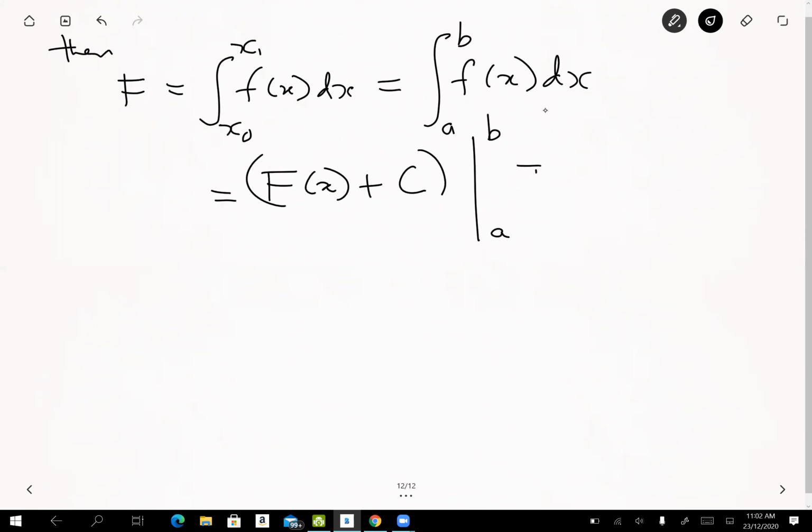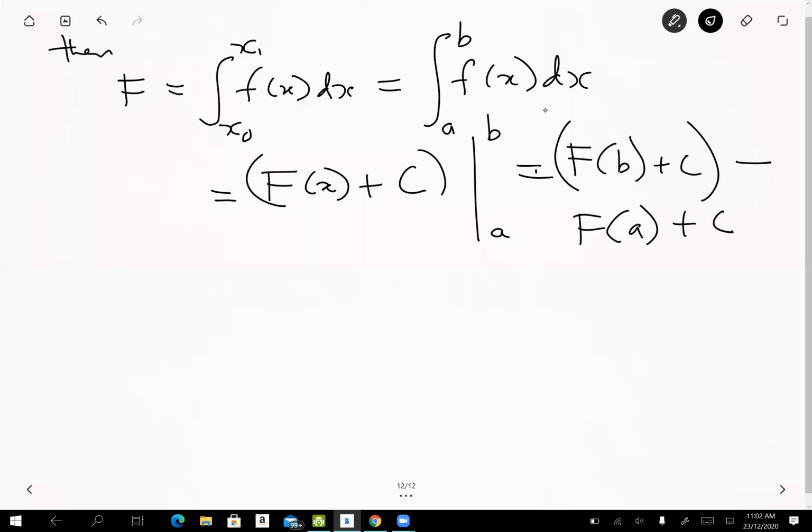So we evaluate the value of the integral at a, and the value of the integral at b. How do you evaluate? You take the difference. So that will be equal to F at b plus c, take away the value of the integral at the first point plus c. And then you can find that c will cancel out.